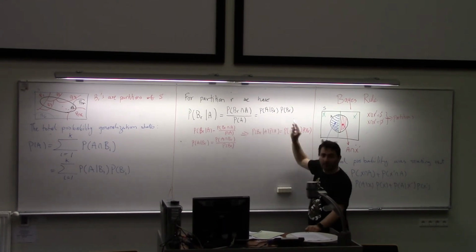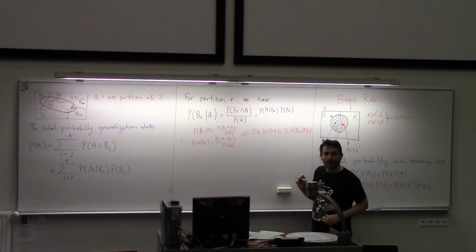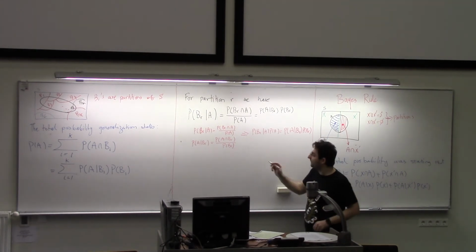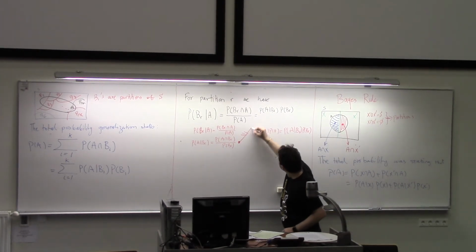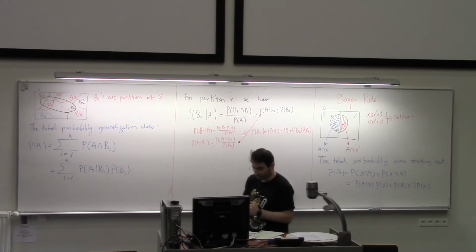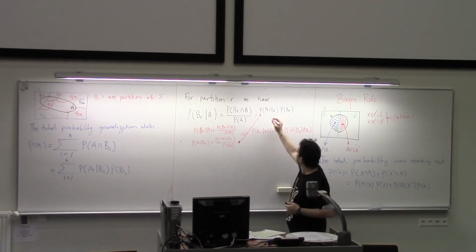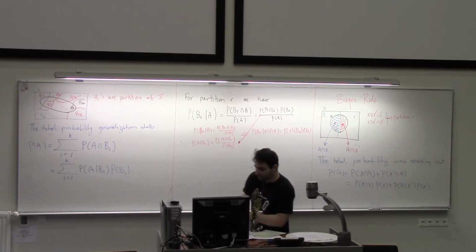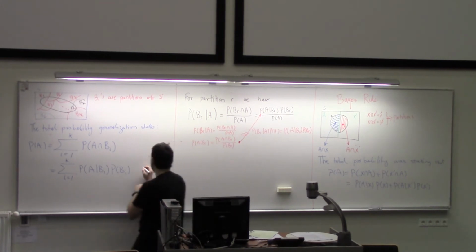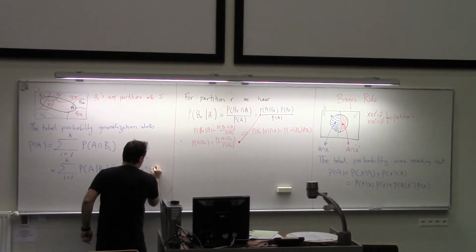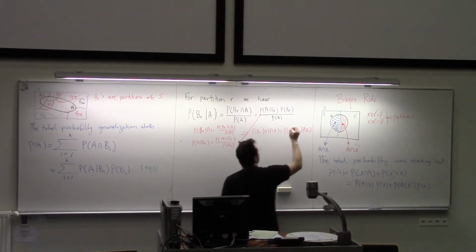So I have written it in here, divided by the probability of A. Let's call it equation 1.